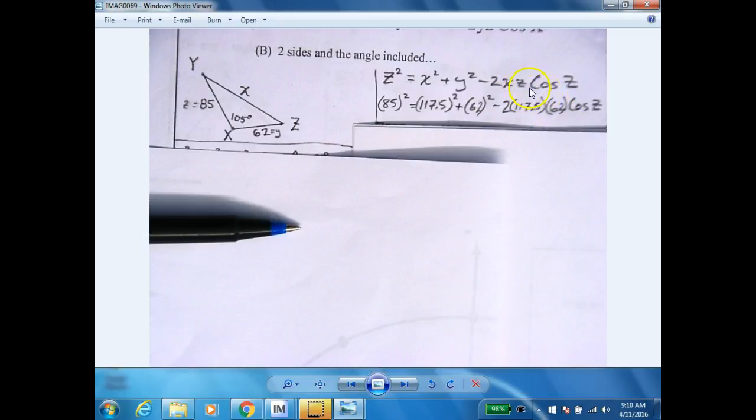When it's plugged in correctly. Okay, should be 2xy. So y equals 62. I just accidentally put z right there. So that should be a y. Okay? Yes, you will. Yeah. Why isn't it z equals y squared?